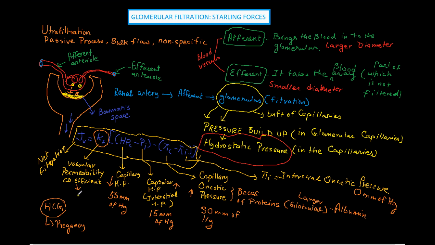Okay, because these glomerular capillaries are made up of endothelial cells, a single layer of cells. It is like perforated, as we call it, fenestrated. Because of this fenestration, the permeability increases. So let's keep it like a constant.